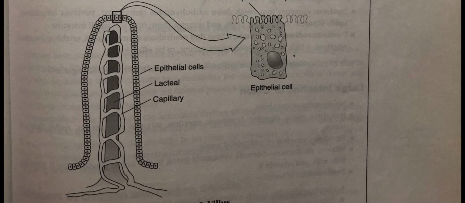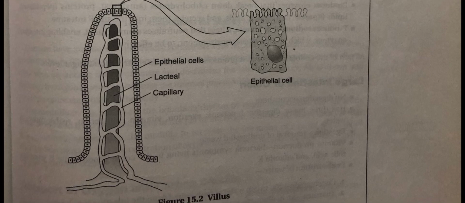Look here at this. This is the villus. Inside the villus there is a lacteal, as I told you before. This lacteal absorbs fatty acids plus glycerol into the lymphatic system.